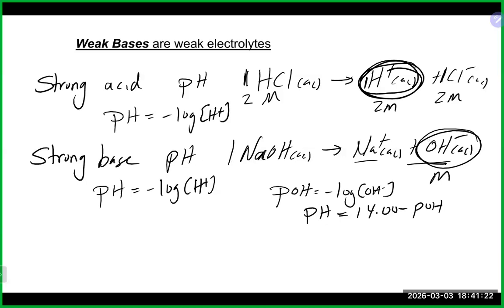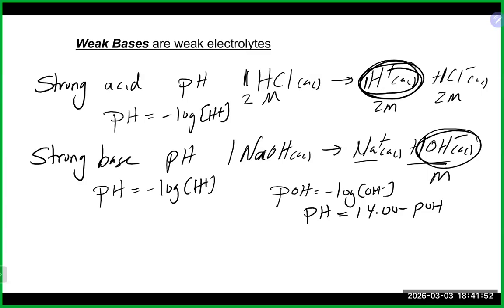Same idea here. If it's a 1-to-1 relationship between the whole thing and the hydroxide, that will give you the hydroxide concentration. So sometimes you may not be given just a generic H plus or OH minus. You may be given a formula for an acid or a base, and if you see that the acid is a strong acid or the base is a strong base, you can get the H plus concentration or the OH minus concentration to calculate your pH.